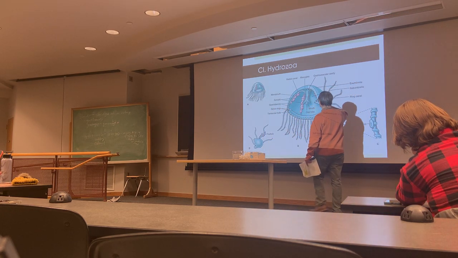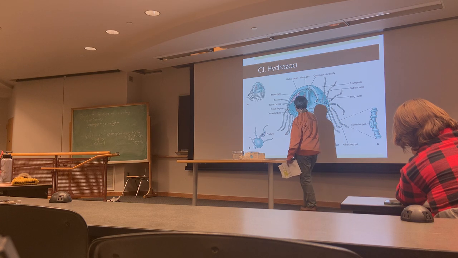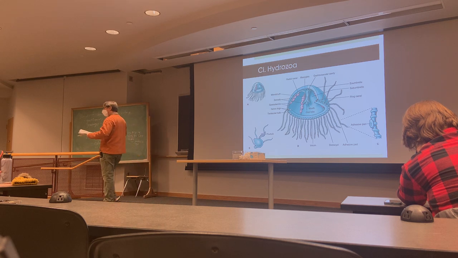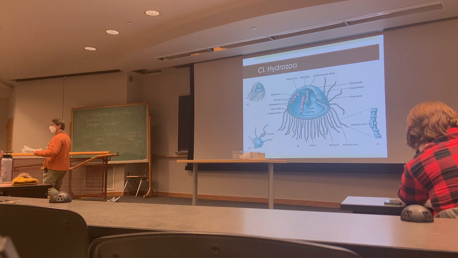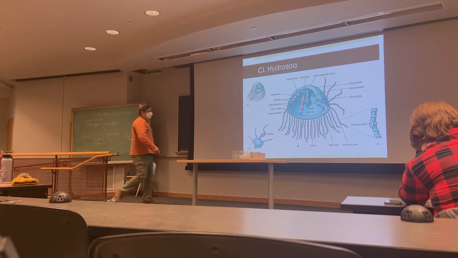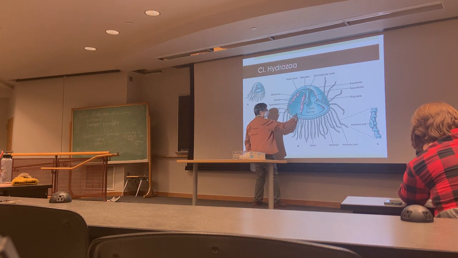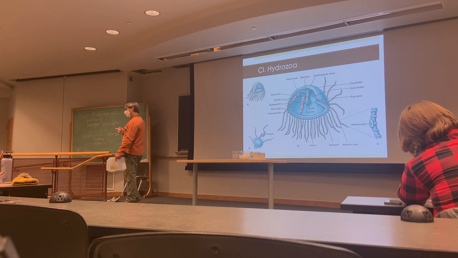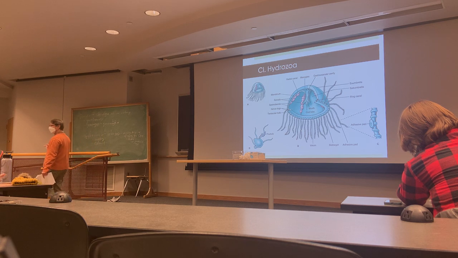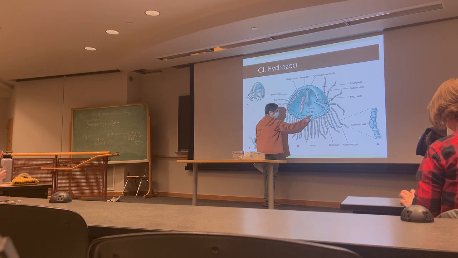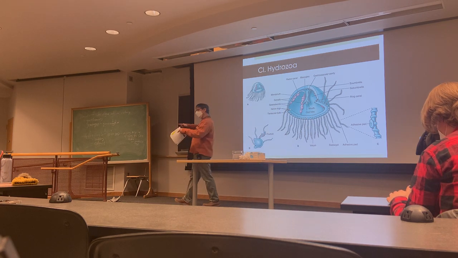One of the things that they possess is this inner shelf-like projection on the edge of the bell. It projects inward. What does it do? It essentially makes this area underneath the bell smaller than it normally would be. This particular shelf, here it is, is a velum, like a veil.